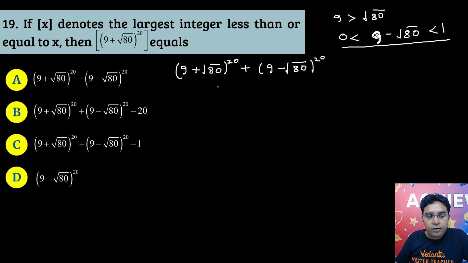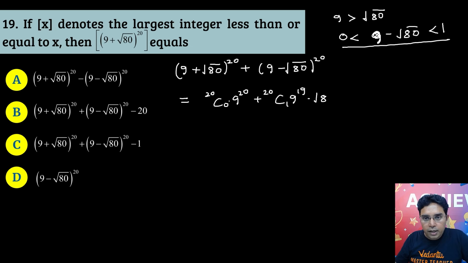Now, what is the benefit of doing this? If you open it with binomial theorem, we get 20C0 into 9 power 20 plus 20C1 9 power 19 into root 80 plus 20C2 9 power 18 root 80 power 2 and so on. This is the expansion of first one.